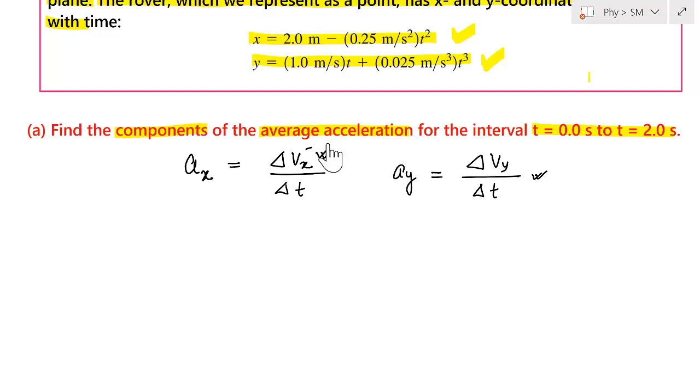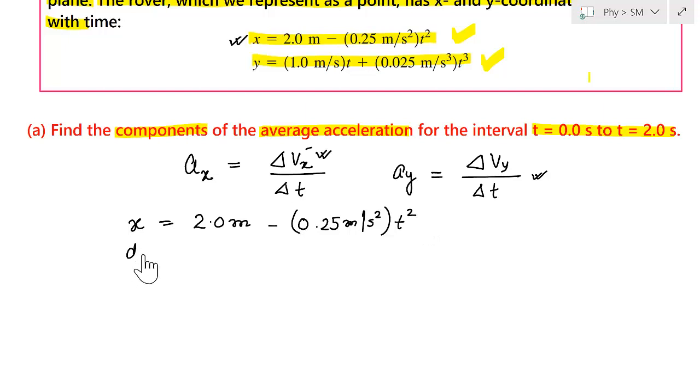So what is the X direction velocity? This can easily be calculated because I know the X position of the rover. If I differentiate it, I get the velocity in the X direction. X is given: X equals 2 meters minus 0.25 meters per second squared times t squared.